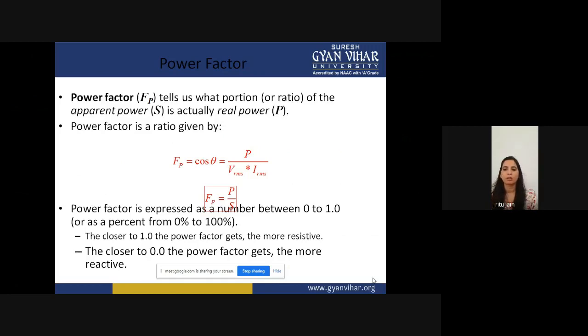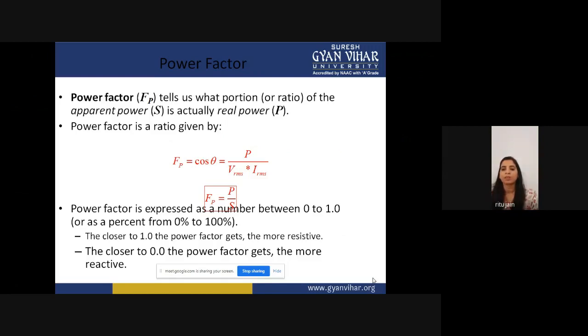You can also write P is equal to VI cos phi, where phi is your power factor angle and cos phi is your power factor. So power factor tells us what portion of the apparent power is real power.